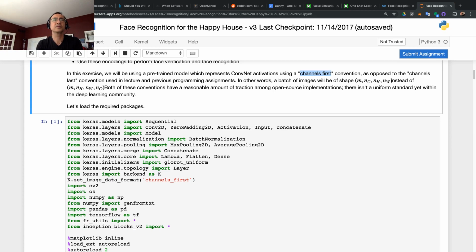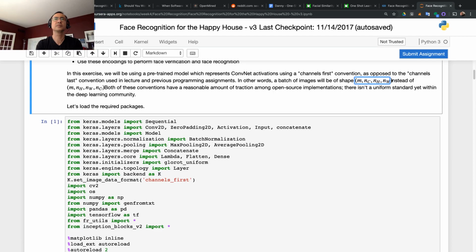In other words, I'm not sure what channel first as opposed to channel last means exactly, but a batch of images will be shaped with four components instead of N, H, W, and C.